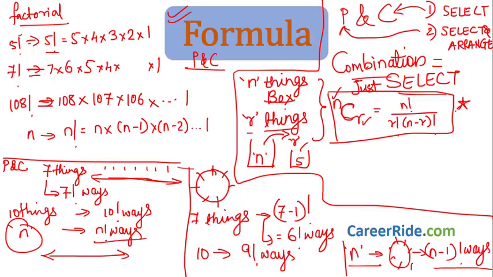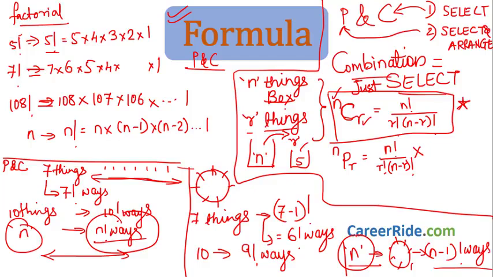Then what will be the formula for permutation? Permutation starts with P. We have n things. We have to first select r things and then arrange them. What is the formula for selection? n factorial upon r factorial into n minus r factorial, correct? And we already know that if we want to arrange n things, we can do it in n factorial ways.